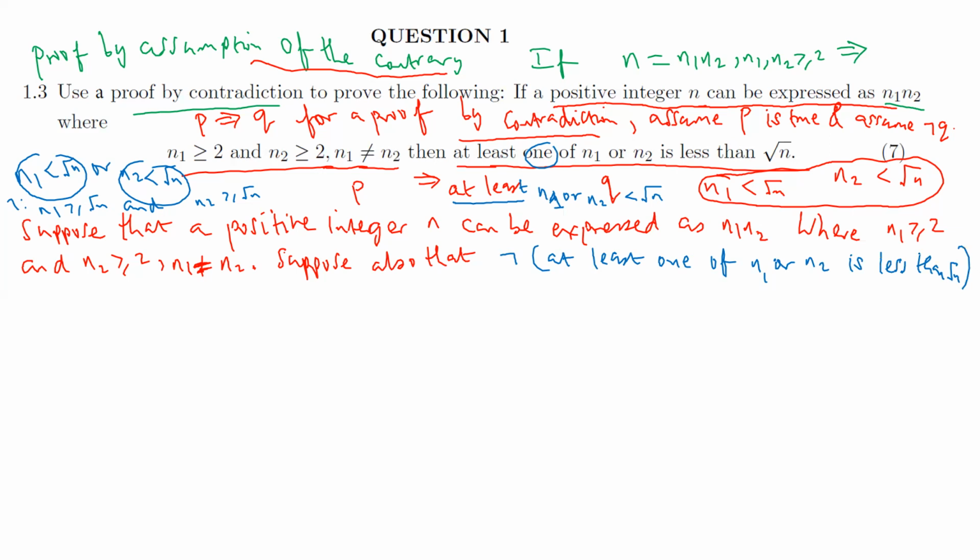Now, what do we do here? We come and manipulate the rest. You put a full stop there. So you come and say thus. If you suppose also that not at least one of these, as I indicated, you can actually come and say N1 and N2.